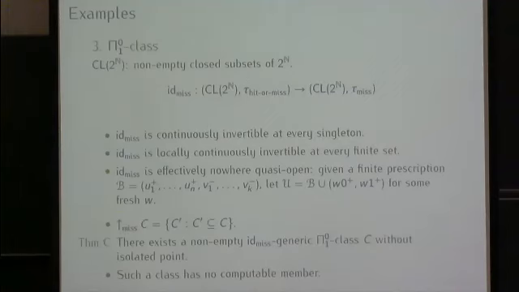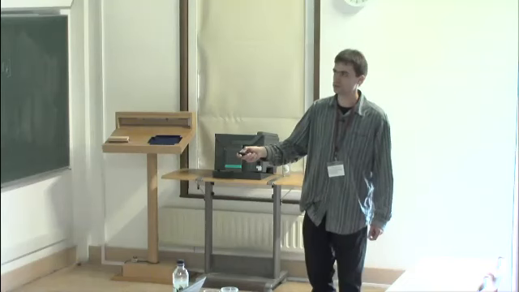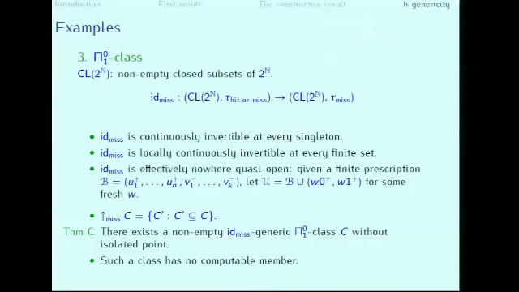So this function has all the properties that we have defined, and by the theorem there exists such a Π01 class which is in a sense generic, and for instance this directly implies that such a class has no computable members. So in a sense this theorem embodies many basic constructions in computability theory.